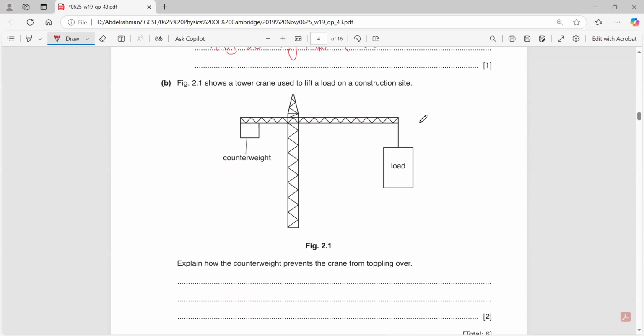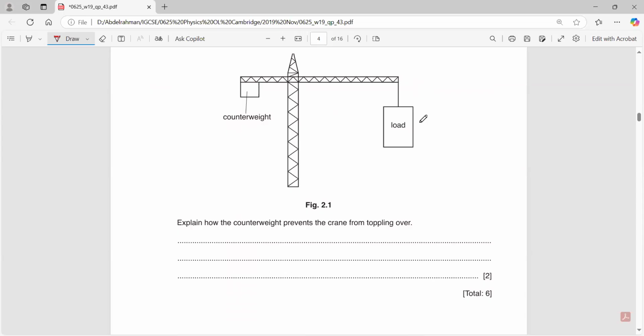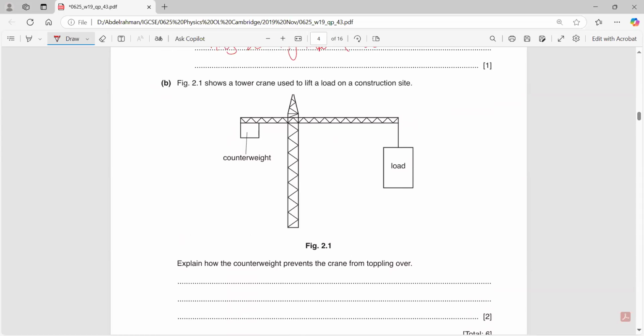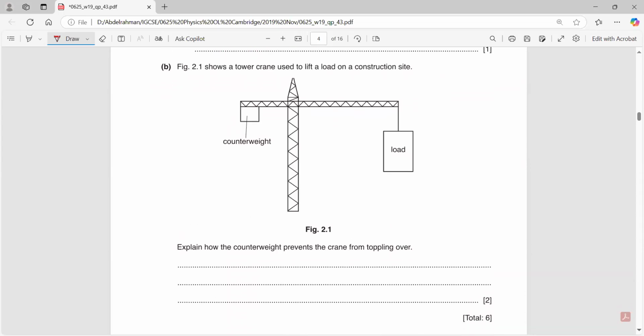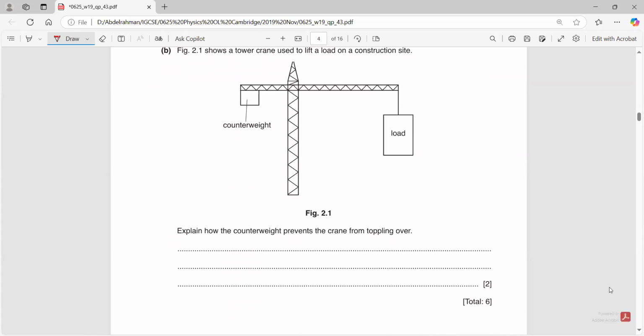Figure 2.1 shows a tower crane used to lift a load on a construction site. Explain how the counterweight prevents the crane from toppling over. How does this counterweight prevent the crane from toppling over to the right or to the left? It creates a moment. What type of moment? That's the question.